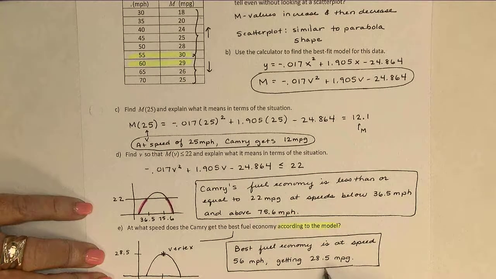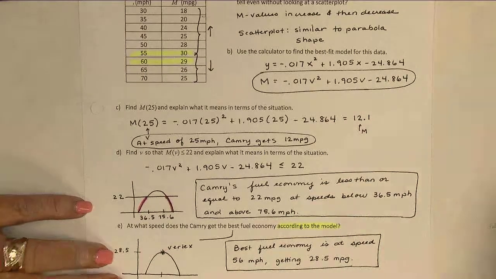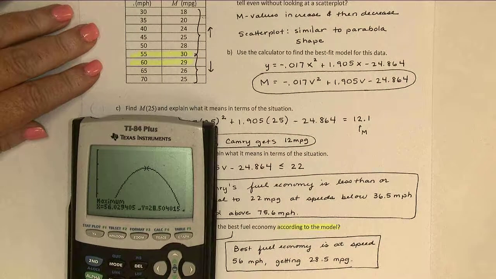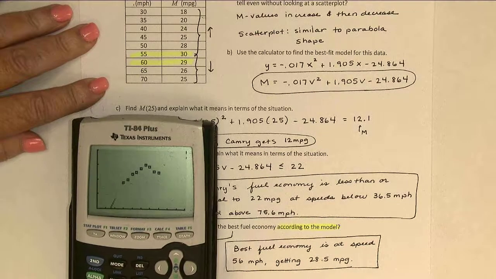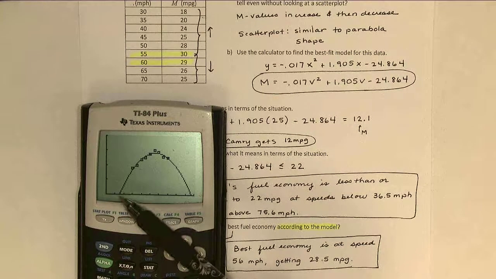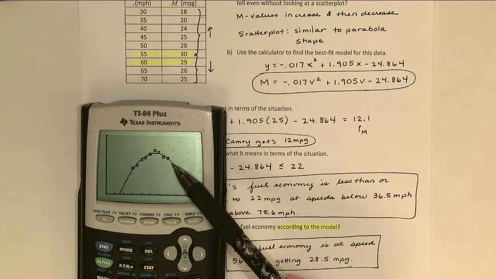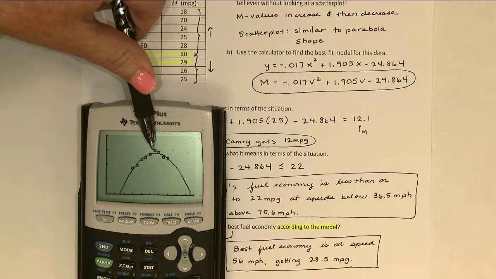Why did my answer come out different? Well, let's go back to our calculator again. I'm going to turn my plot back on and graph again. Our model is the curve, the parabola. But notice there are some data points that we miss a little bit.